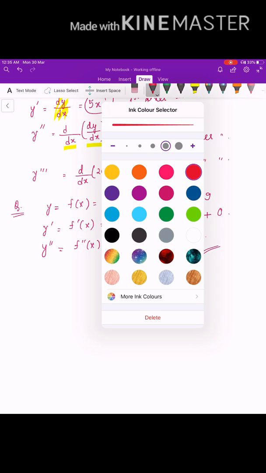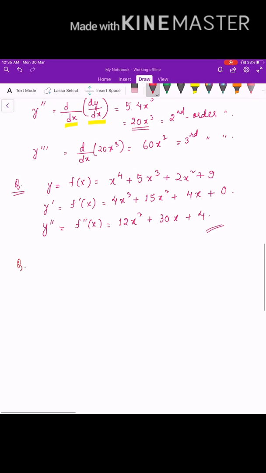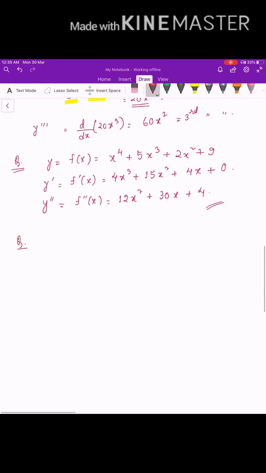Another question: if y is equal to a into e to the power mx plus b into e to the power minus mx, prove that d2y by dx2 is equal to m square y.